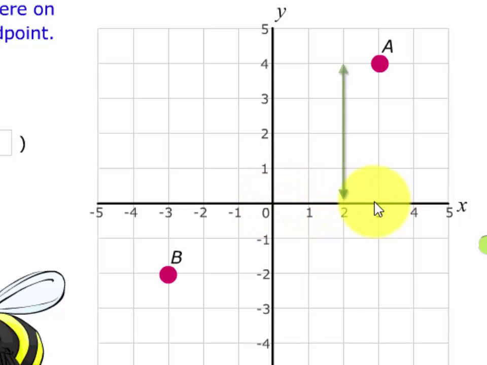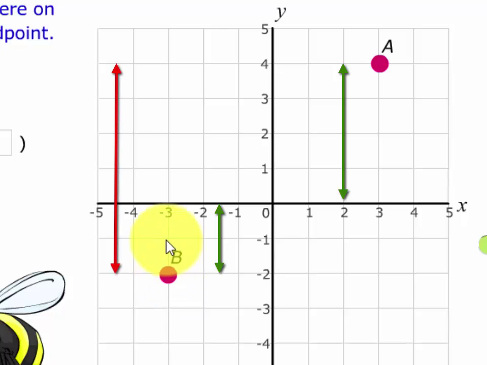What about Y? Well, for Y, A is 4 above the X is 0 line. 4 above. 1, 2, 3, 4. But for B, it's 2 below. So the difference is going to be 6. That's 1, 2, 3, 4, 5, 6 to get on the same line. Now, half of 6 is 3.